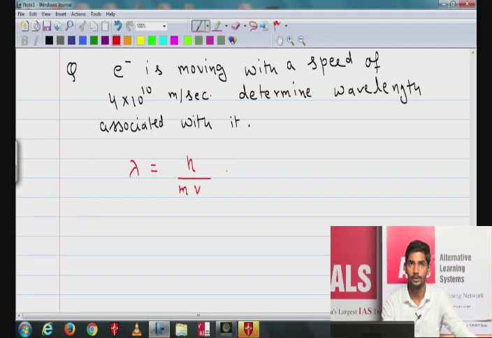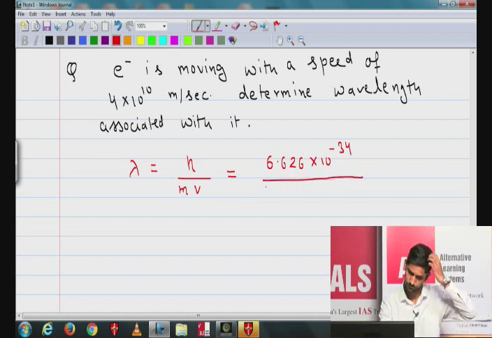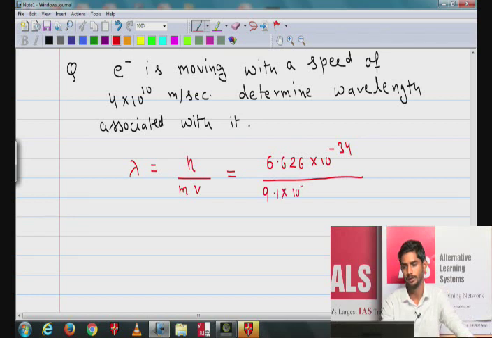You have to just put these values: 6.626 into 10 to the power minus 34 upon the mass of the electron, 9.1 into 10 to the power minus 31, and the velocity we have been given is 4 into 10 to the power 10. You have to solve this one and you will get your answer.